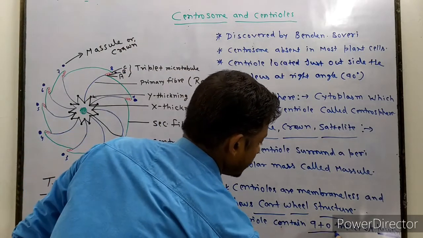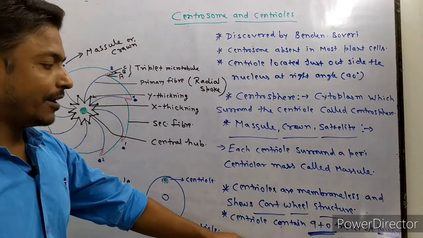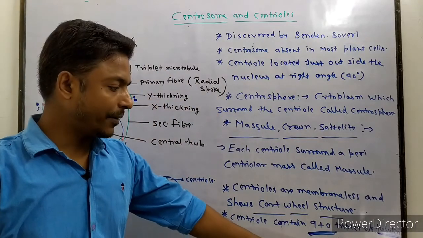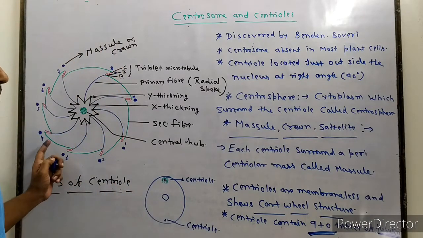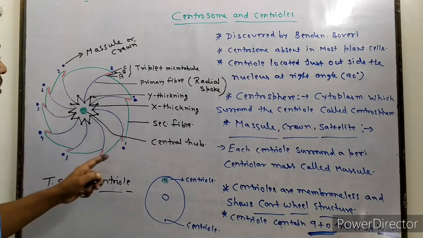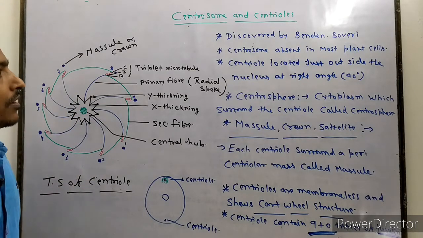This information is very important for competitive examinations. 9 plus 0 triplet of tubulin, and it shows cart wheel structure. Clear?